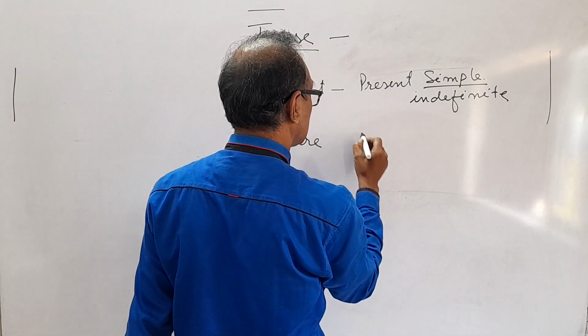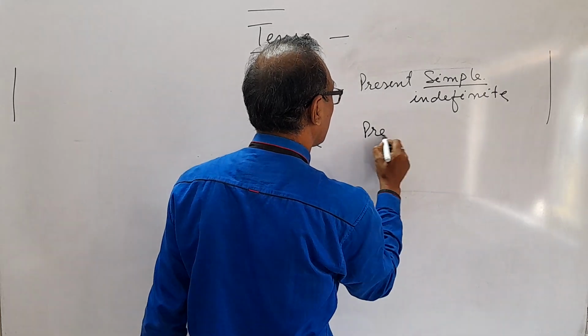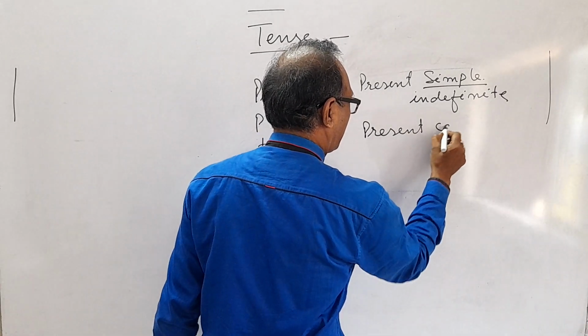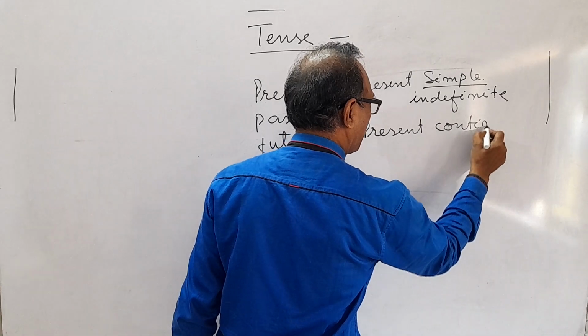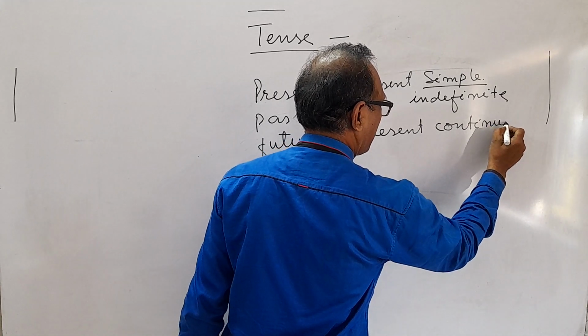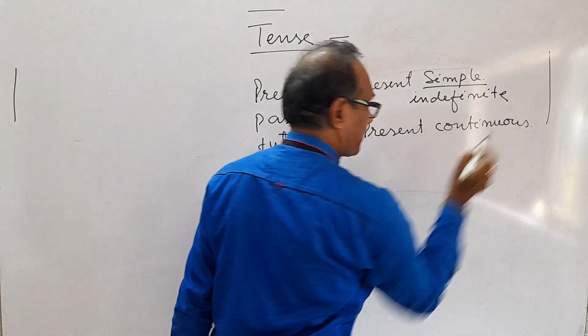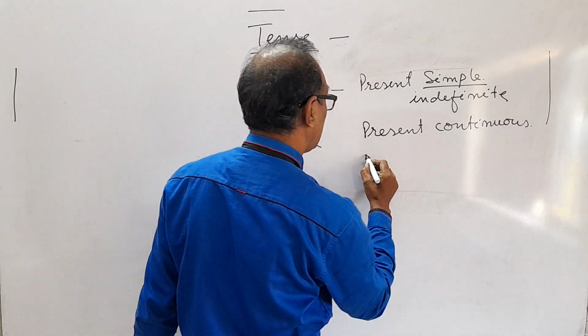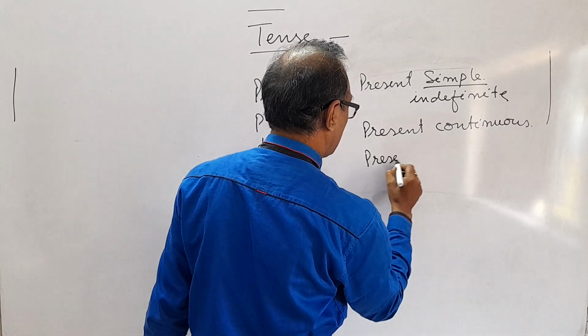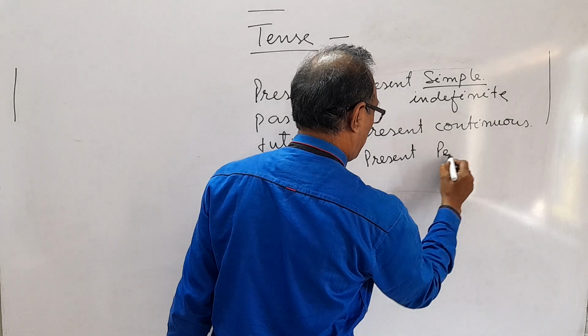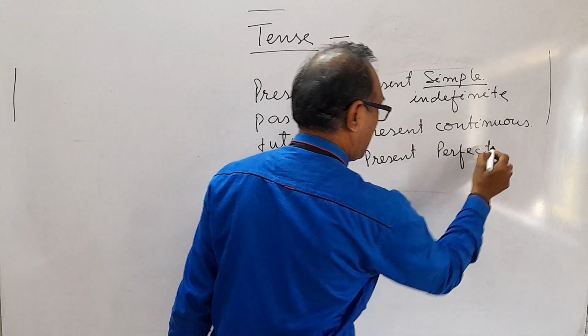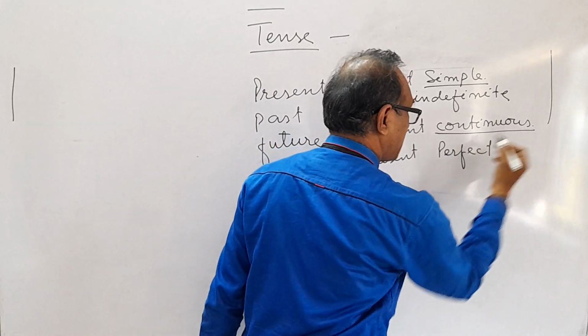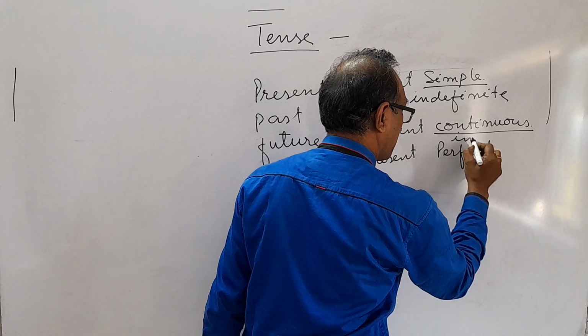Another is present continuous, which is again called imperfect.